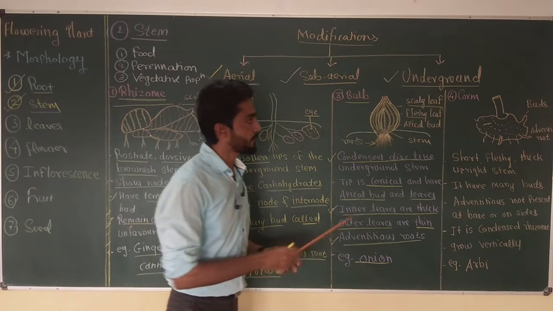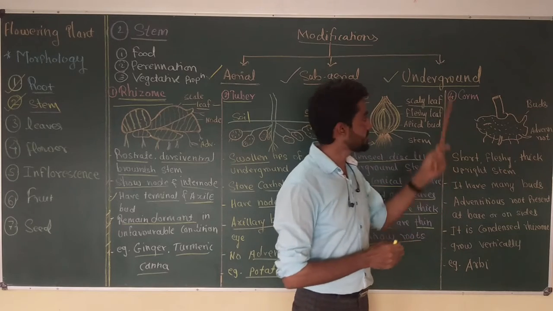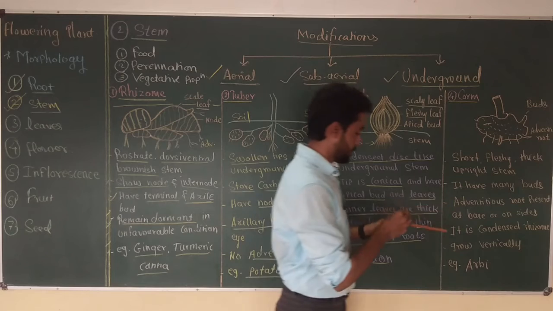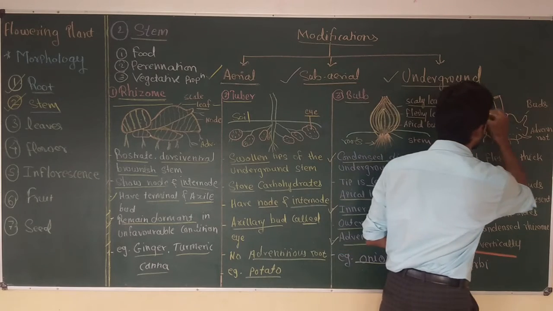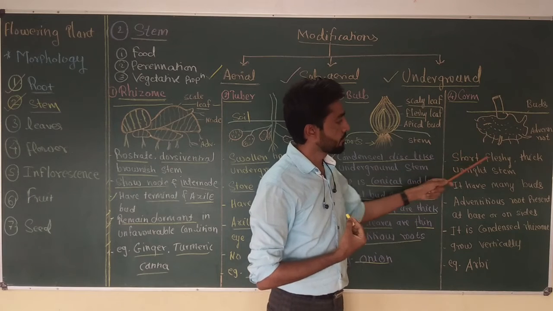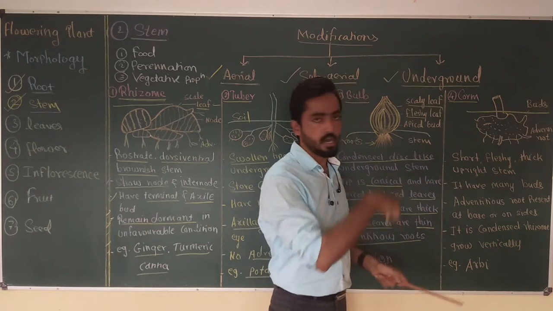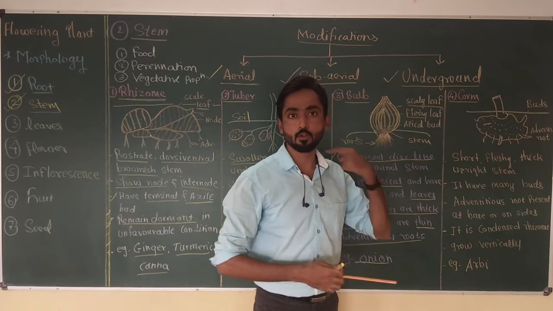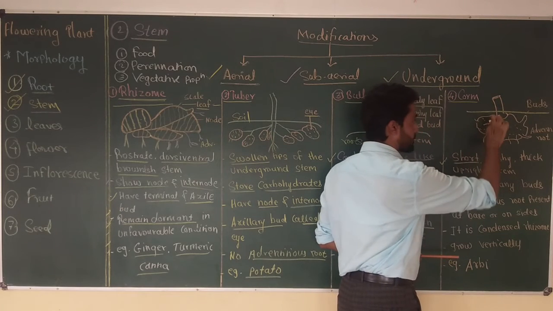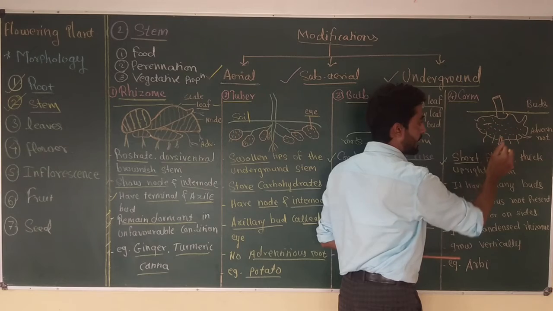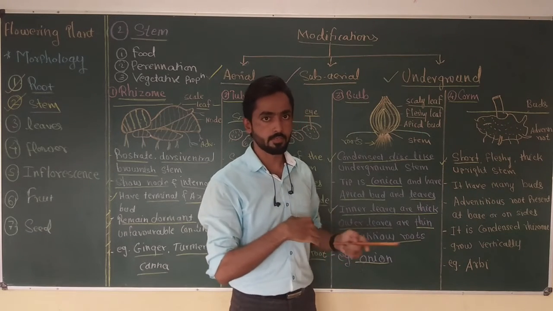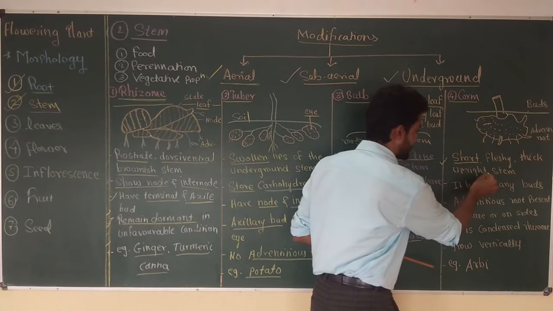The last type of modification which comes under this class is the corm. Suppose this is the soil surface. The corm is a short, fleshy, thick and upright stem present below the ground surface. They are present below the ground surface in an upright position.